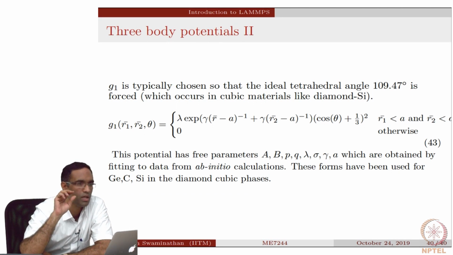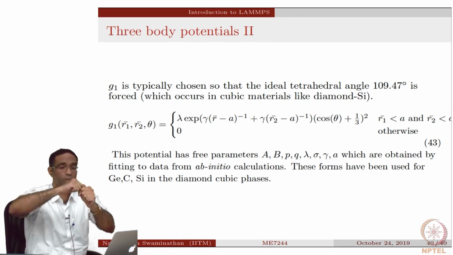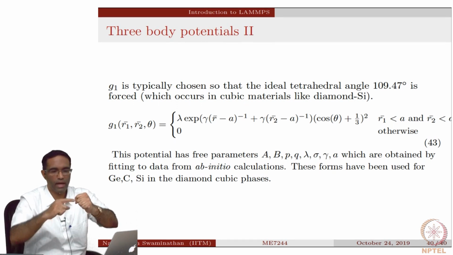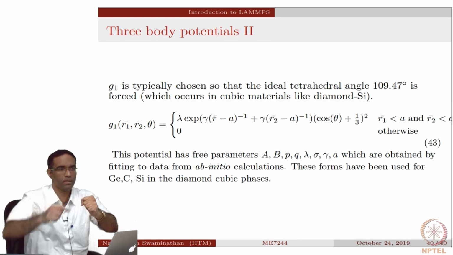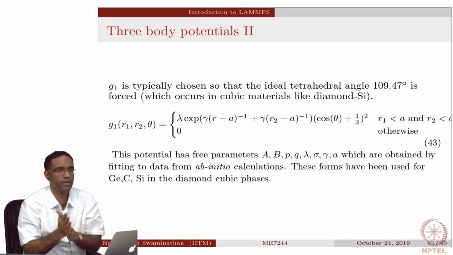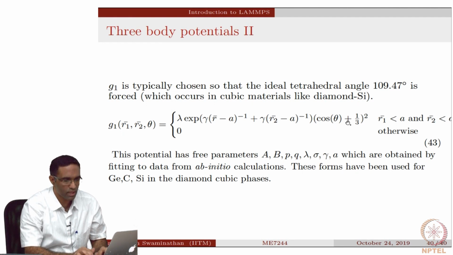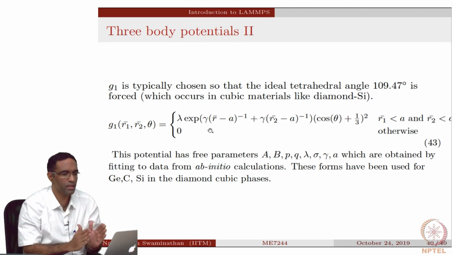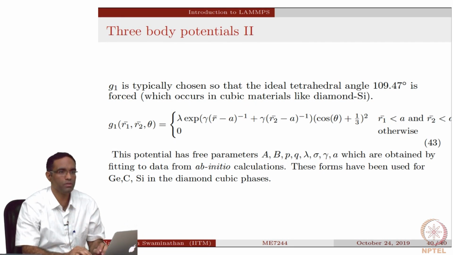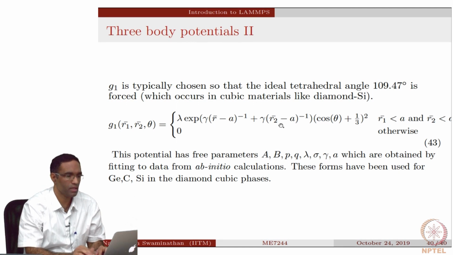There will be a silicon, and then there is a silicon on top, and then there is a silicon right here forming a tetrahedron, and the angle between them would be 109.5 degrees, the tetrahedral angle. The cos of that angle is actually minus 1/3. So this term here is basically forcing the angle that exists between these bonds to actually be 109.47 degrees.